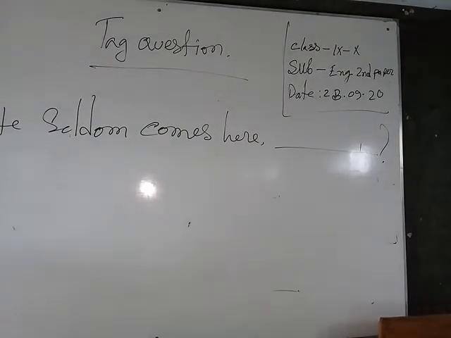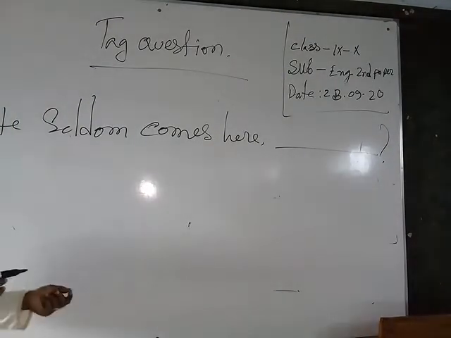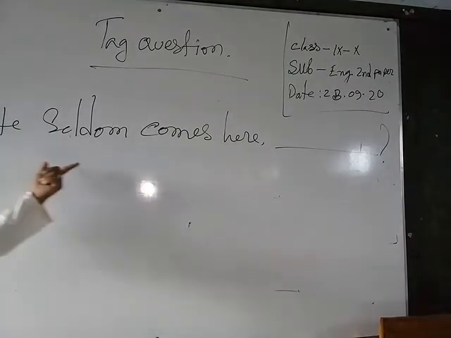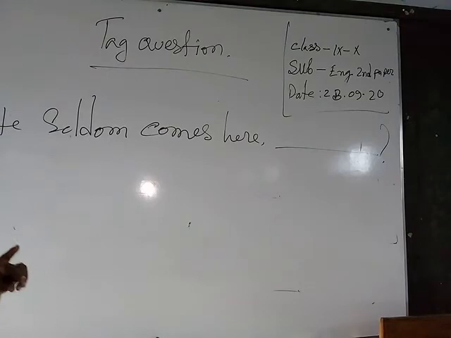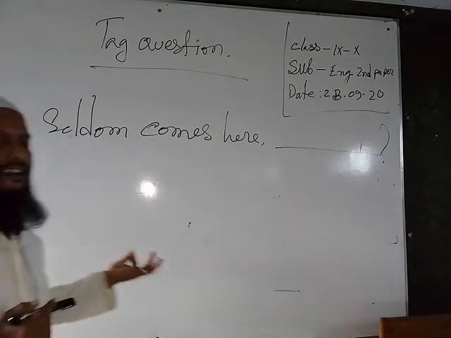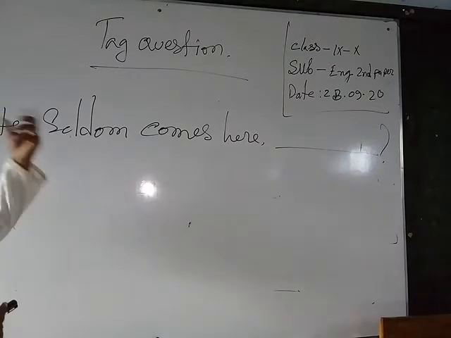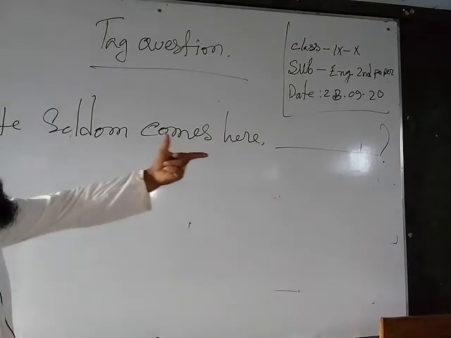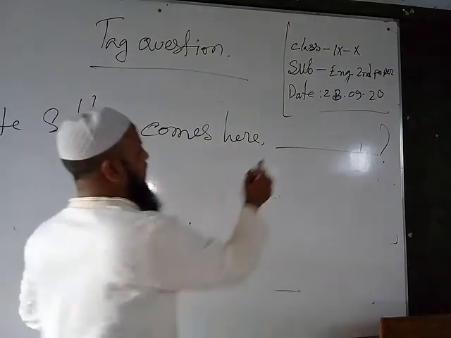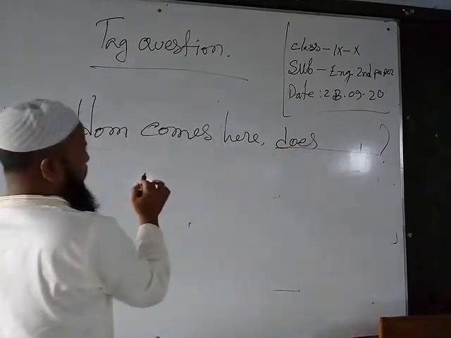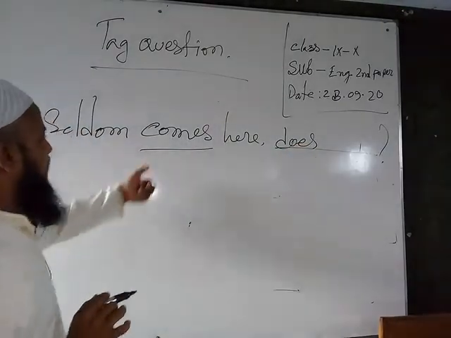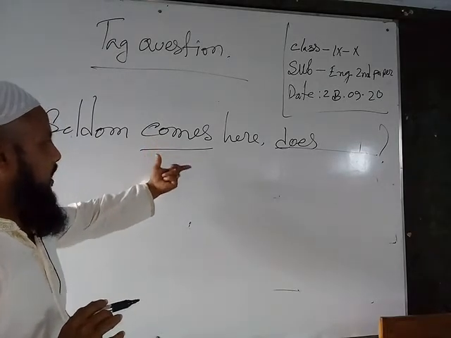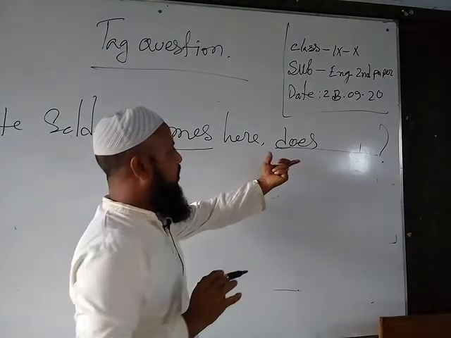Dear students, when you read this sentence, you may imagine it is an affirmative sentence, but if a sentence contains seldom, rare, hardly, this is a negative sentence. If the sentence contains these terms, we call it a negative sentence. So, it is a negative sentence. As a negative sentence, we don't use not. Just we use does for the word comes here. Come is based on come taking s or es, so we use does.